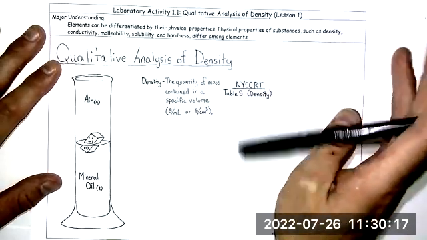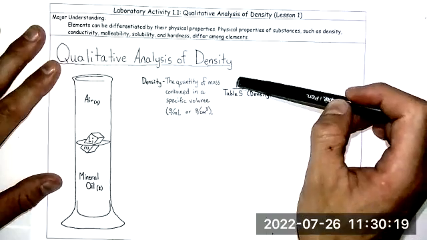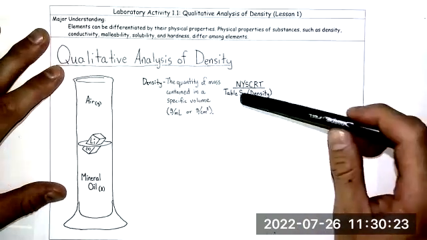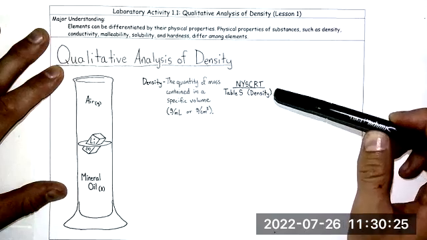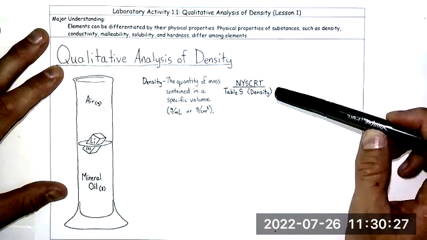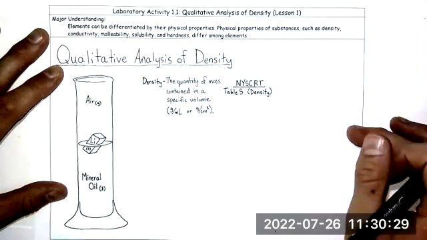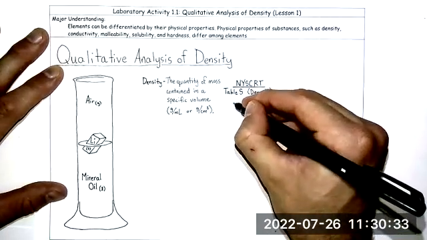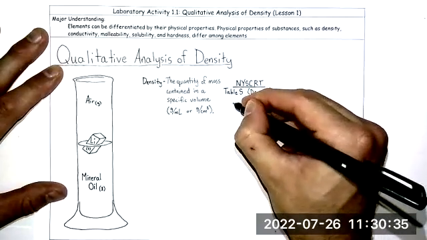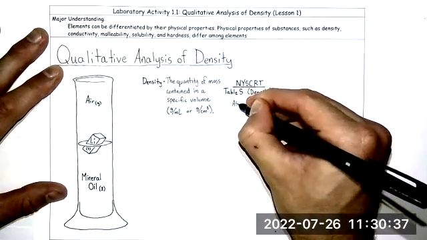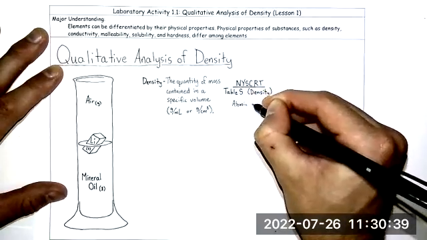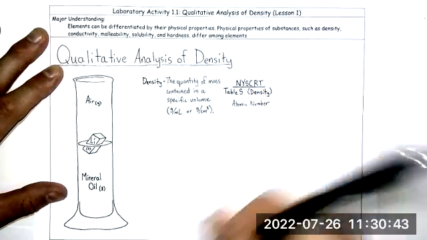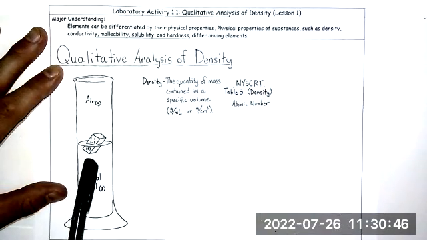And so it's very helpful to refer to our New York State chemistry reference table for this lesson, and specifically table S, which has densities for some of the elements in the periodic table. If you look on table S, the elements are arranged according to atomic number. Today we're just going to focus on the element lithium.